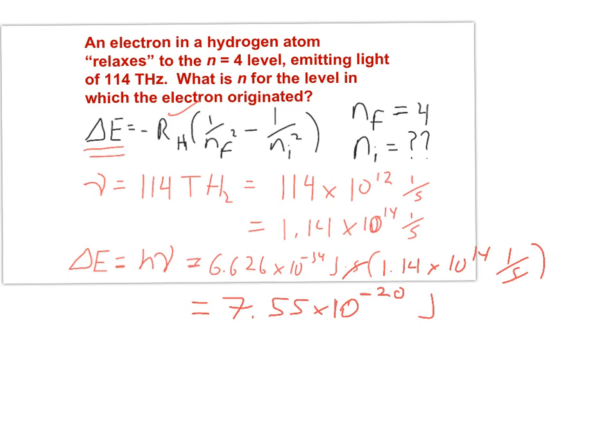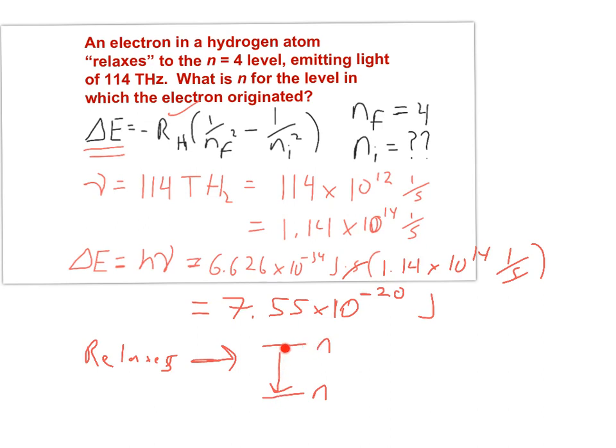The question wants to know, well, first it says that the electron in the hydrogen atom relaxes to the n equals 4 level. That term relaxes means that the electron goes from a higher quantum state to a lower one.